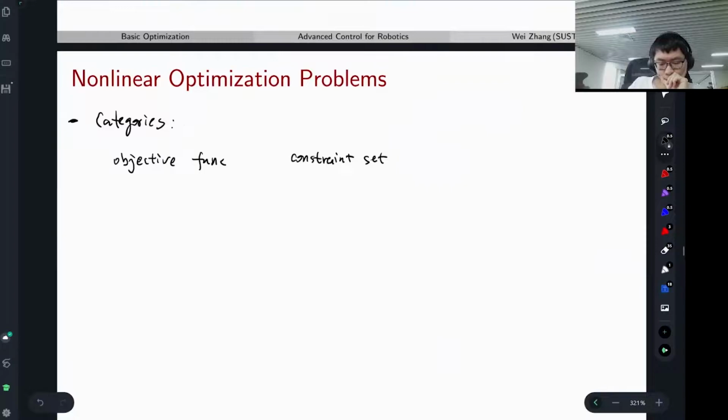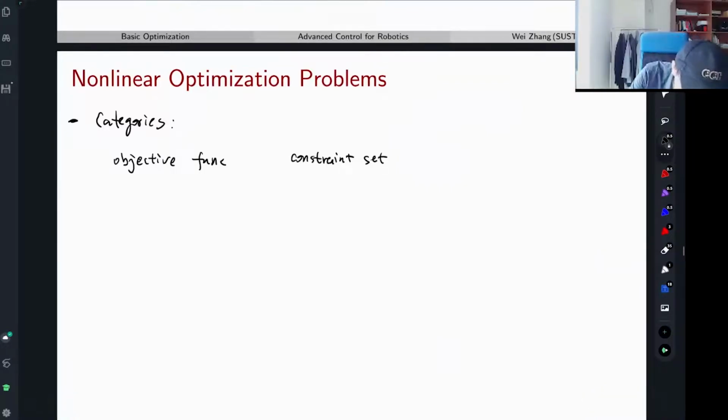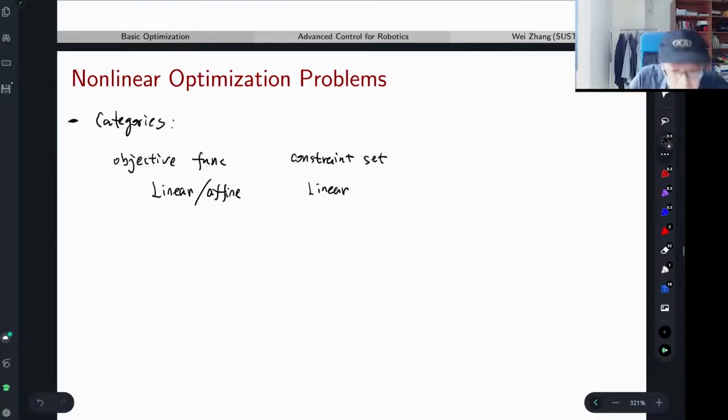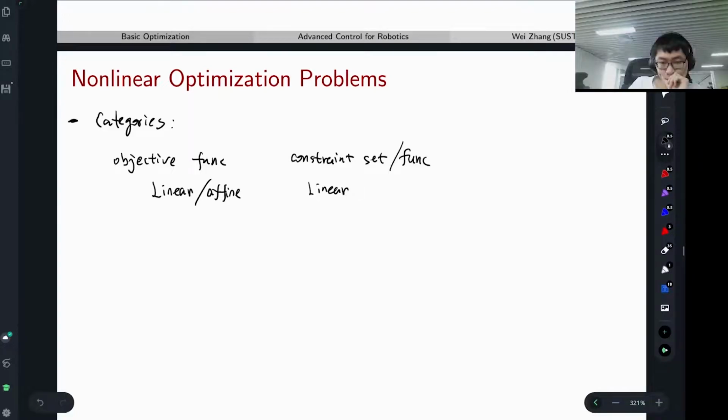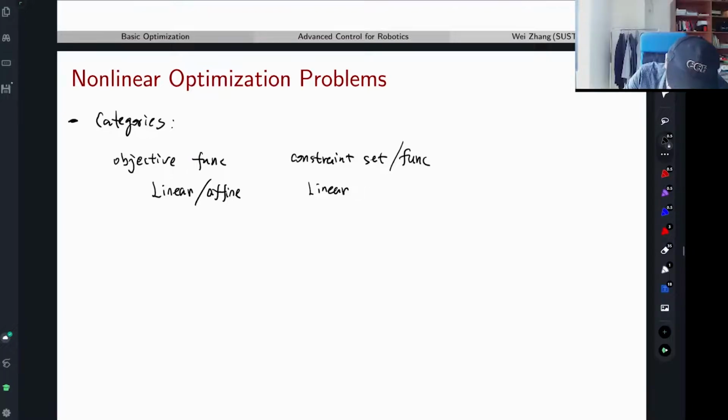These two things determine the complete optimization problem. Let's say if the objective function is linear, or let's say affine, and the constraint set is also all linear. I'll say constraint set or function. The set is defined in terms of level sets of functions. So if the constraint functions f, for example, are linear or affine, this gives us the problem, which is a linear program.